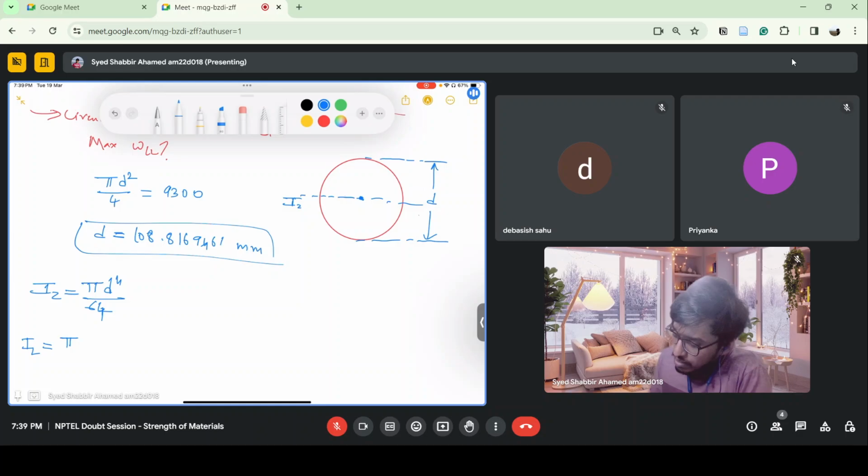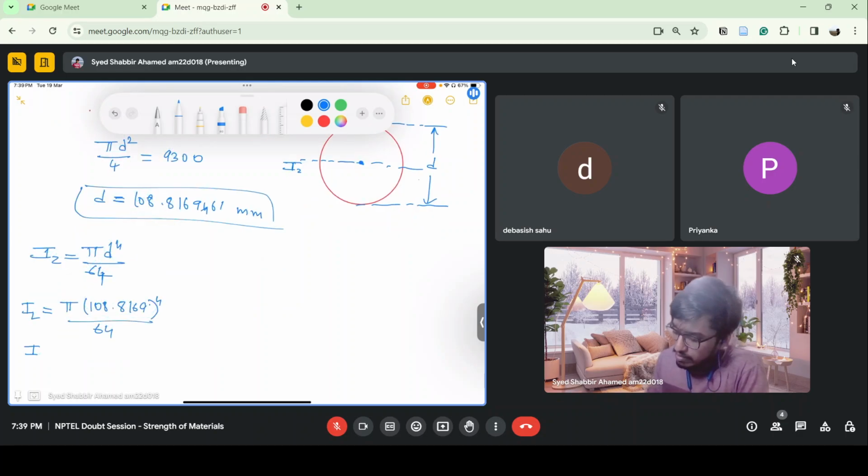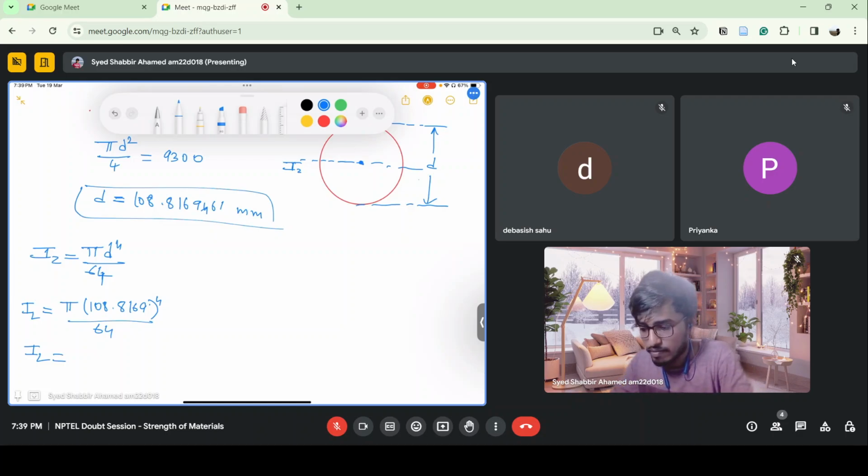So for this, if I calculate the moment of inertia, I get 108.86 something. I hope you're doing it and getting the same answers which I'm getting.